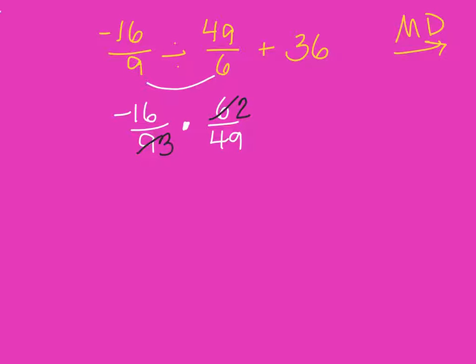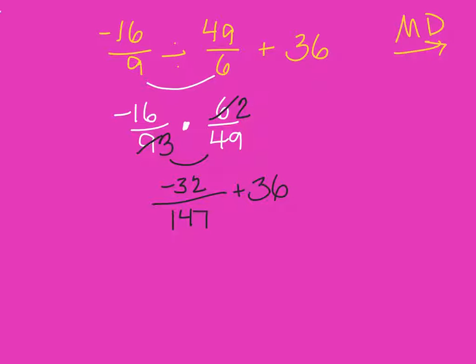I keep the top with the top and the bottom with the bottom. Negative 16 times 2 is negative 32. 3 times 49, remember to think about that. Well, if I know 3 times 50 is 150, and 49 is 1 less than 50, so that's 1 less 3. So 150 minus 3 is 147, plus 36.